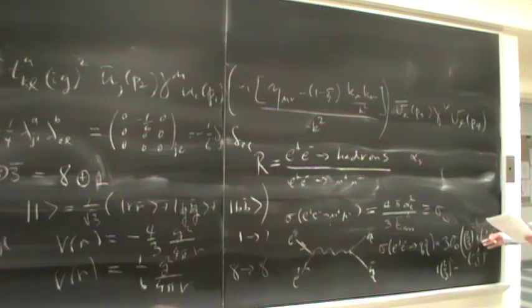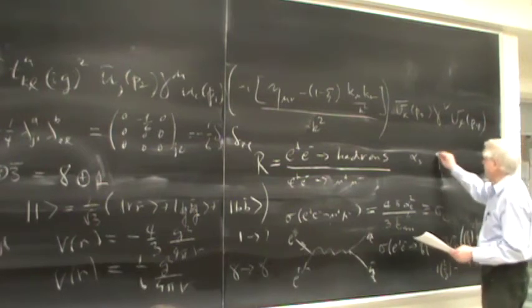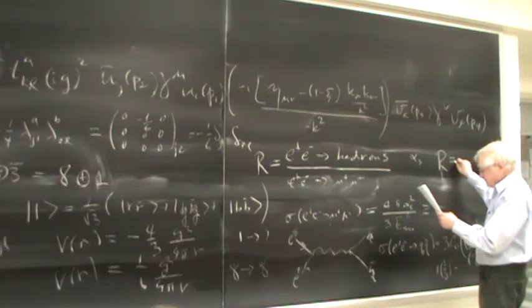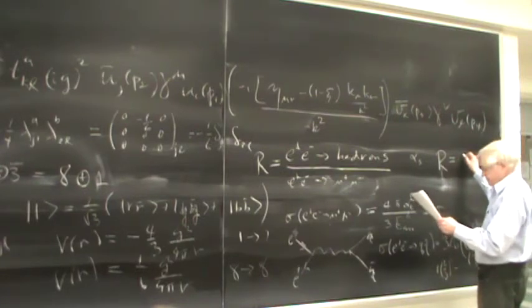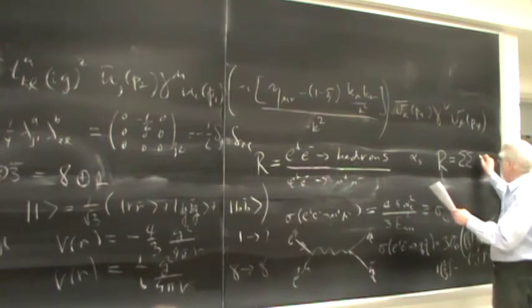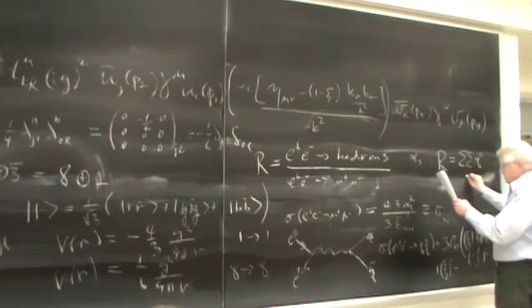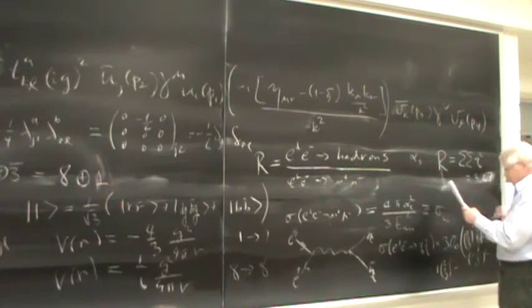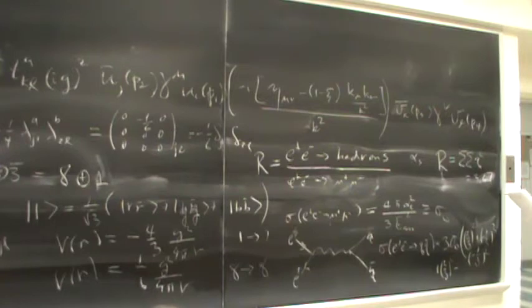When you put all these things together, R is basically just the sum over colors and sum over charges of Q squared, and what you get is 3.67. Did he include the top quark? No, he's only including 5 quarks, so leaving out the top quark.